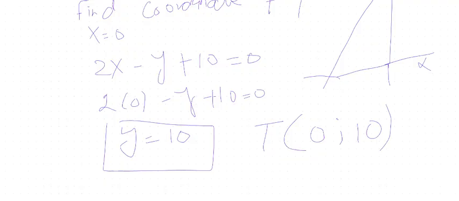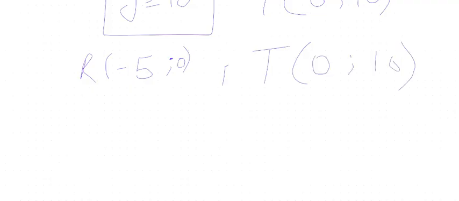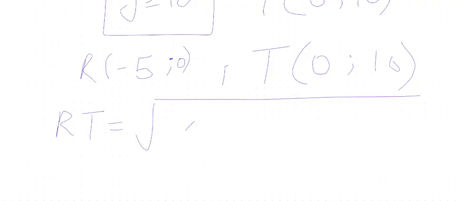Now we can easily find the distance using the distance formula, which is RT equals the square root of (XT minus XR) squared plus (YT minus YR) squared.